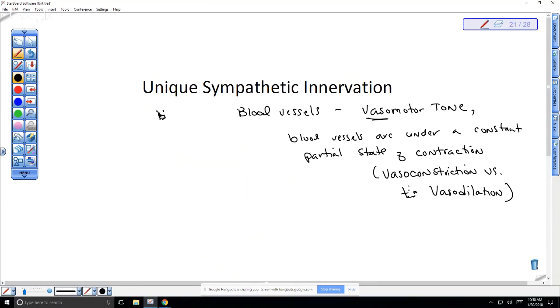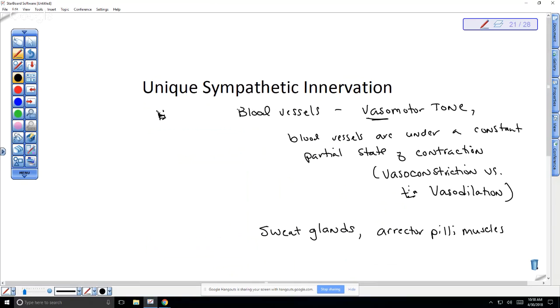The other thing would include sweat glands. Sweat glands are not innervated by the parasympathetic nervous system. And then we have the erector pili muscles. Does anybody know what those do?